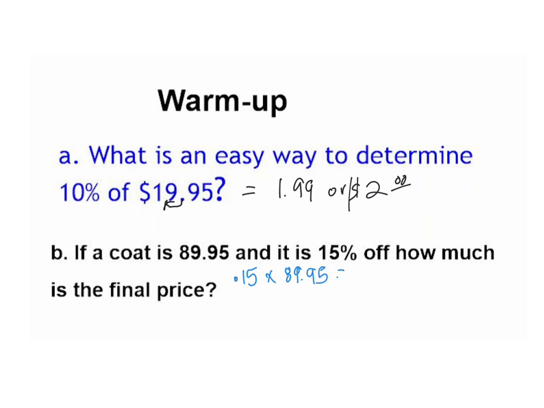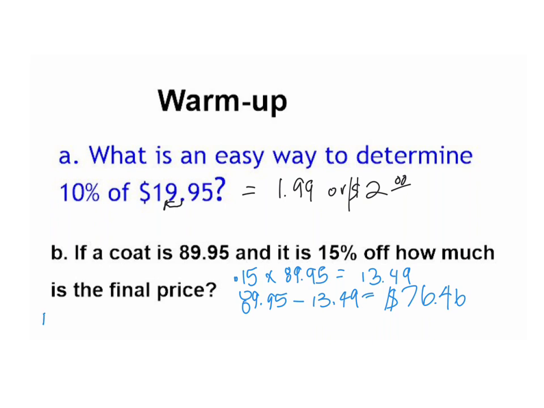If you plug that into your Desmos calculator, you would get $13.49. Then you would have to take 89.95 and subtract 13.49, and you would get $76.46.